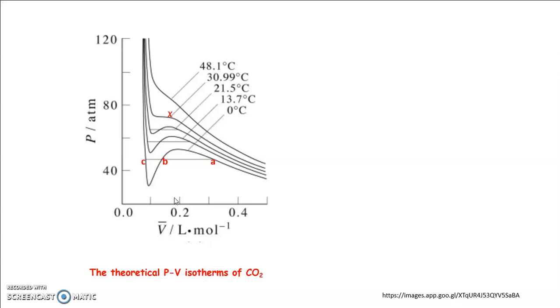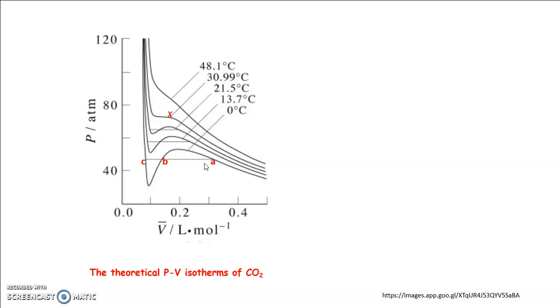The isotherms for carbon dioxide obtained by Andrews experimentally were in close resemblance with these curves that we have discussed earlier, and you can realize the close resemblance. There is only one difference, that the wave-like portion here was replaced by a horizontal line in the experimental isotherm.